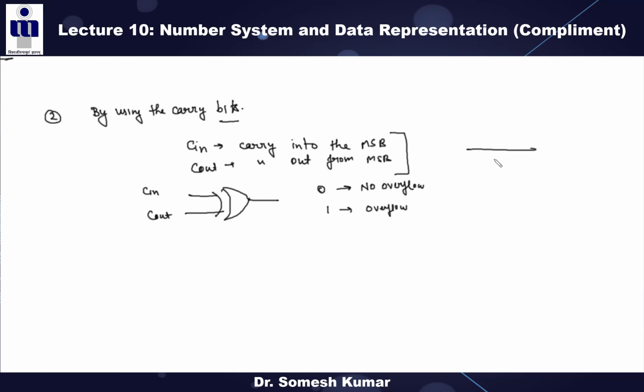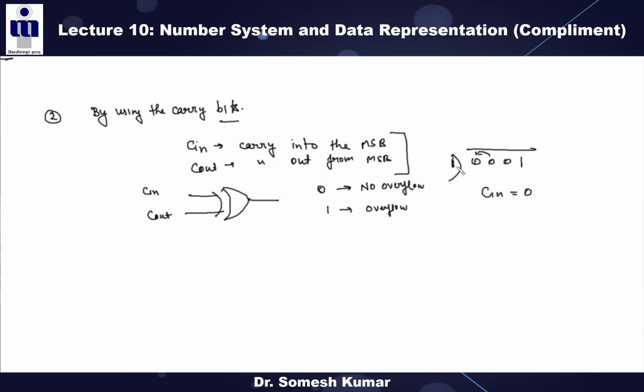Suppose this is your answer. What is the C in of this? Carry into the MSB means this carry. There is no carry into this MSB at this stage, so C in is 0.